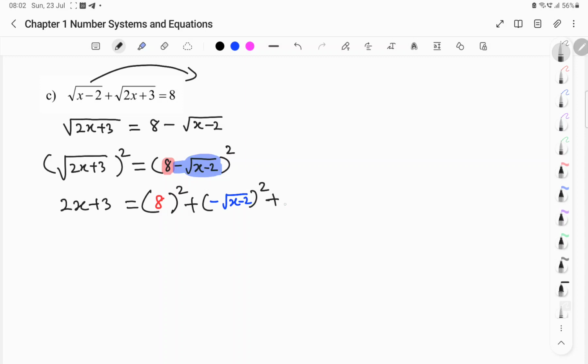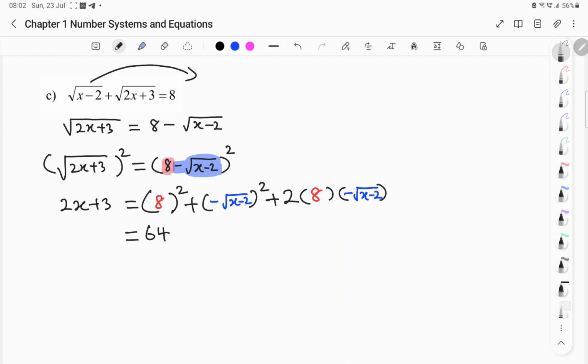Okay, and then plus what? Plus double front and back. What is the front? The front is 8 and the back is minus square root of x minus 2. Okay, that looks promising. Okay, good. Okay, then we simplify. So 8 squared is 64.